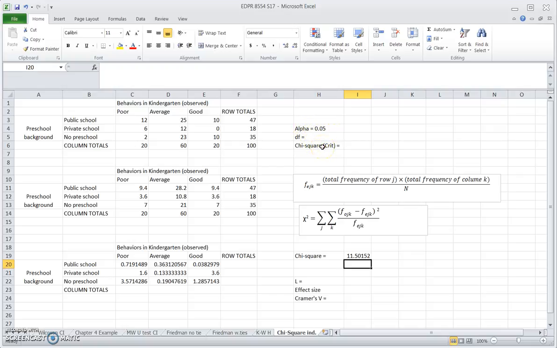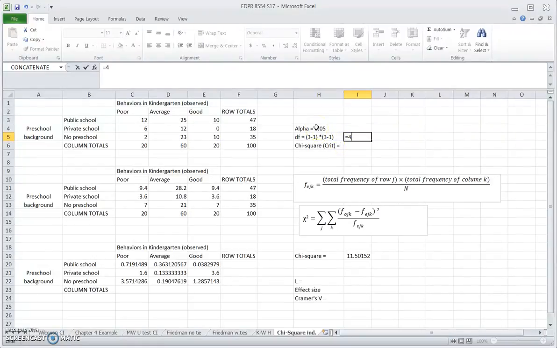And what is the degree of freedom? The degree of freedom equals the number of rows less 1, times the number of columns less 1. You have 3 rows, so 3 less 1, and how many columns? We happen to have 3 columns, poor, average, and good, so 3 less 1 there. If you do the calculation, the degree of freedom is 4.